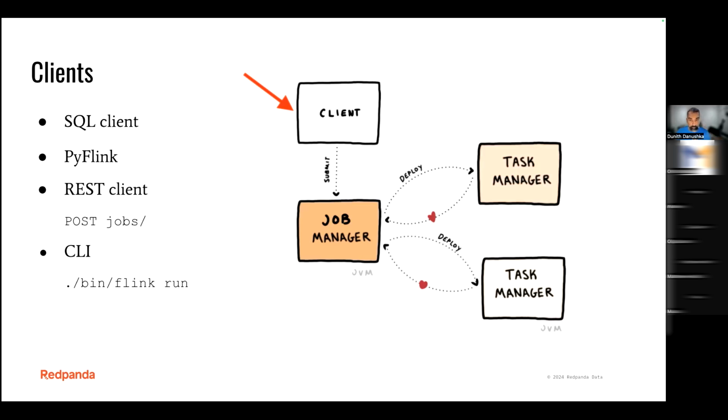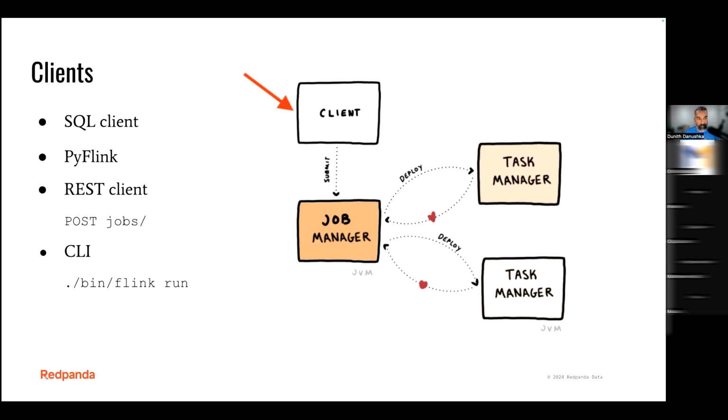Your client application can be anything, something like a SQL client, or it can be a Flink Python application. It doesn't matter. What Flink offers you is an interface to submit your Flink stream processing application.